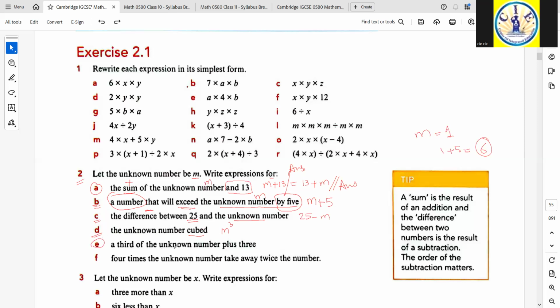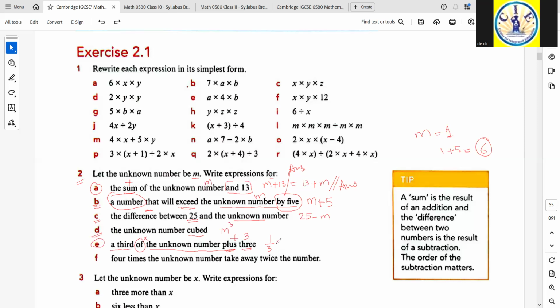Part E then, a third of the unknown number plus 3. A third means one third. One third means 1 divided by 3 of. Of means multiplication.